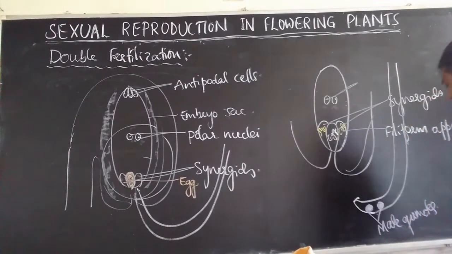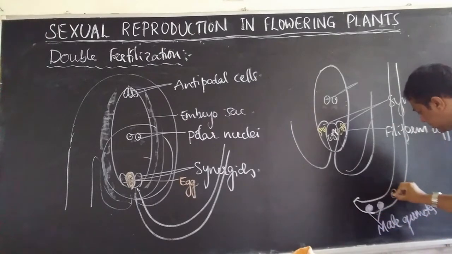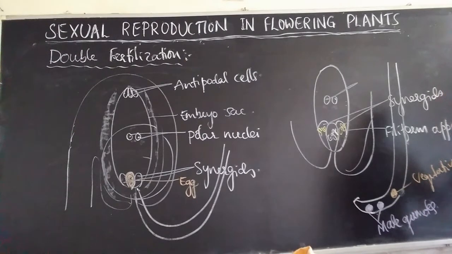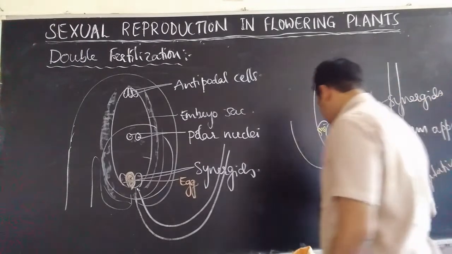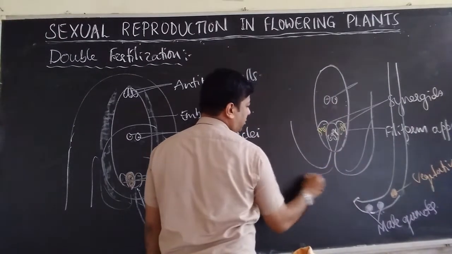Remember, male gametes. Then behind that, 1 vegetative nucleus will be there. These 2 are male gametes. Now when this pollen tube enters through the micropyle, this opening is called the micropyle.